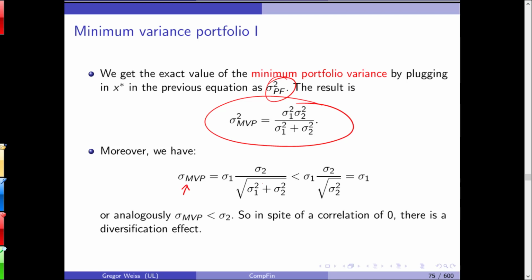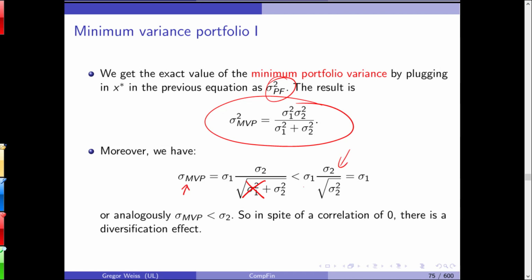You can simply say, well, I have a denominator here, and if I just leave out this part here, well, the expression in the denominator will be smaller, and then this here is larger.